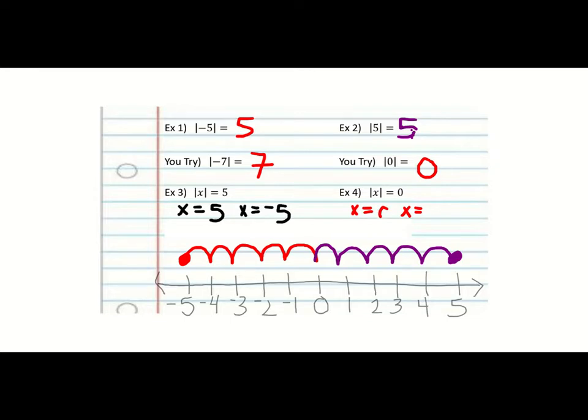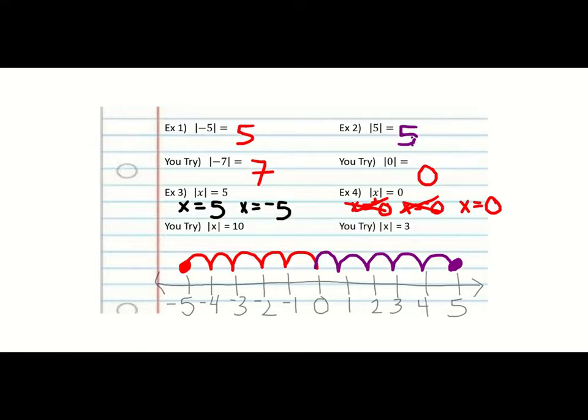Now, since there is no such thing as a positive 0 and negative 0, this is the only time we're going to have one answer. We're not going to say x is positive 0, x is negative 0. There is only one 0. And that is the only time that you will be 0 units away from 0 on the number line. So the absolute value of x equals 0 would be when x is 0.